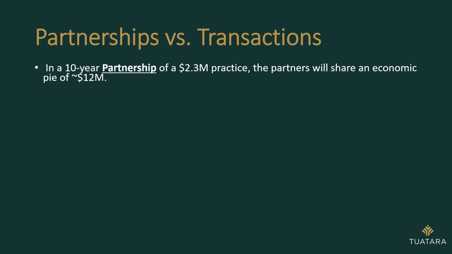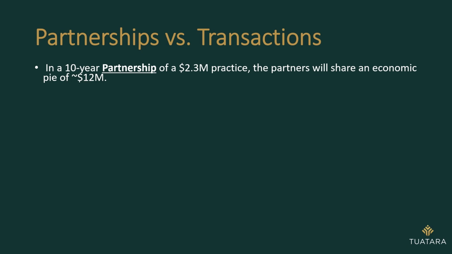But in that 10-year partnership, the partners will share an economic pie of about $12 million. Also, for our purposes, any partnership, quote unquote, that has an expected life of less than 10 years is probably not a partnership the way that we define that at Tuatera, and it's probably really a succession plan for the older doctor.